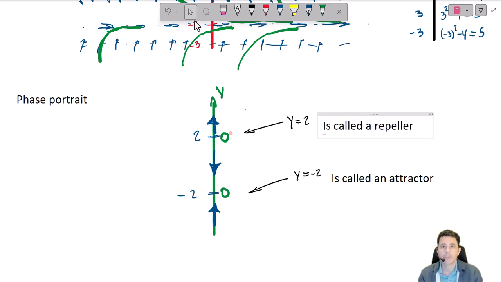So at that particular point, look at the phase portrait. Anything above will push the solution up. Anything below at y equals 2, the solution will be pushed down. So it's repelling. And then at y equals negative 2, it's attracting. Anything above will go towards it, and anything below will go towards that same place. So it's one way to classify the critical points.